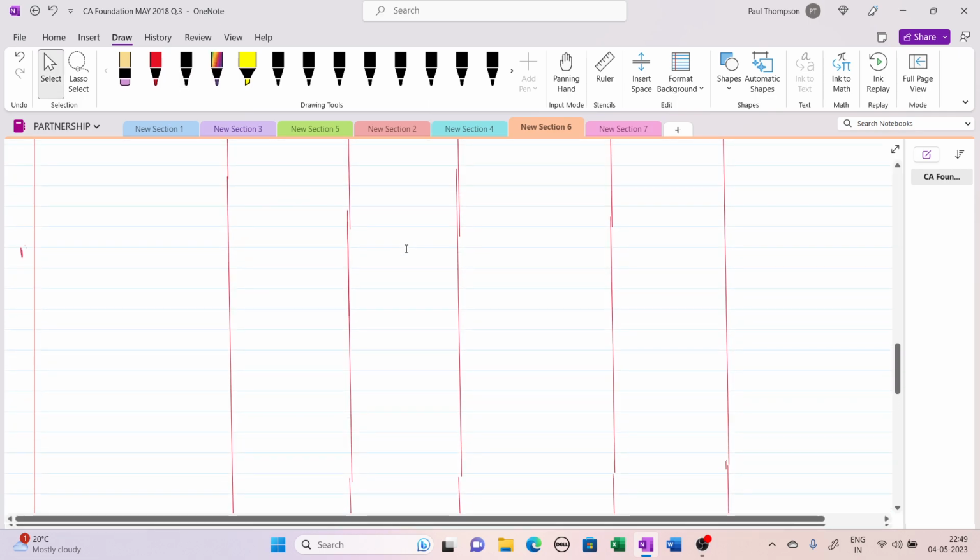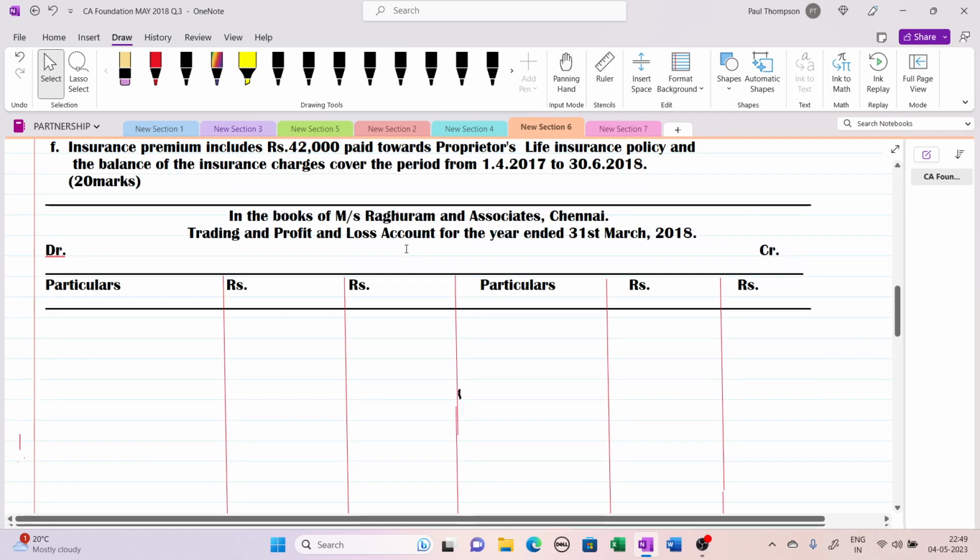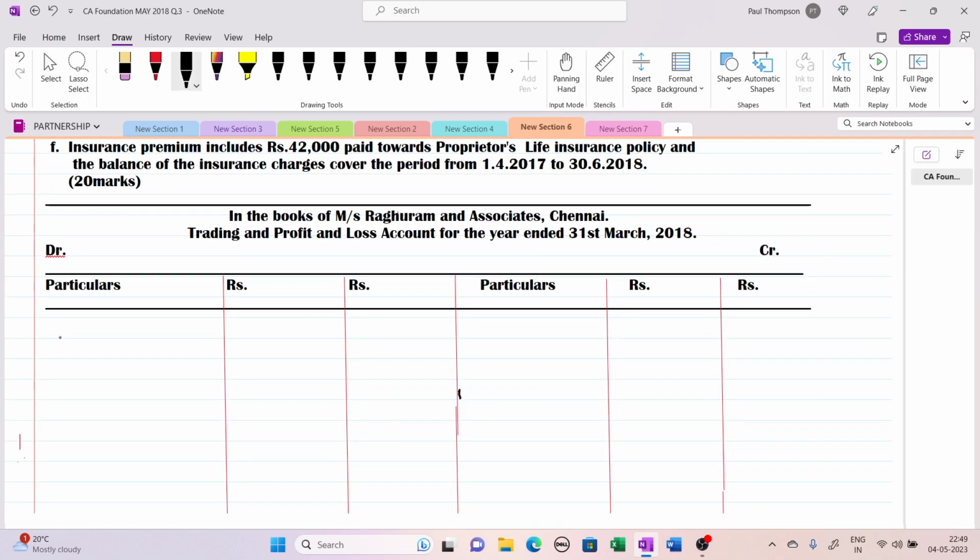Purchases will appear in our trading and P&L account. So I'll leave one space for my opening stock. And I'll write the purchases in the next line, to purchases. Purchases they have given 12 lakh. I'll make it in the inner column.